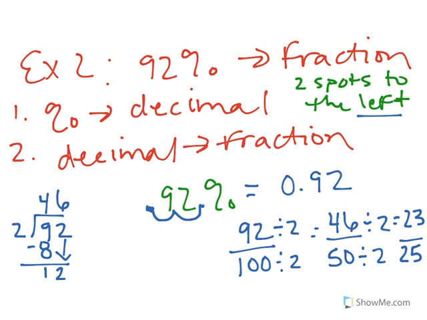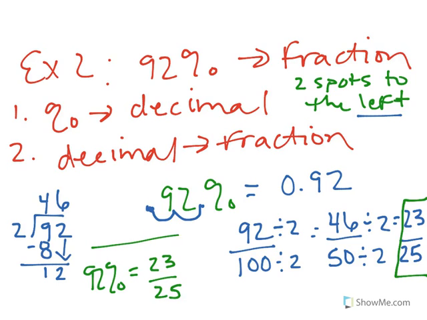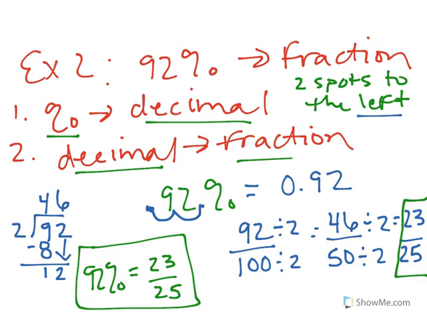Now from here I can say there are no other common factors besides 1 in both my numerator and my denominator, so this fraction is in simplest form. So I can now say that 92% is 23 over 25. And I am done. So if you notice, you first have to go from your percent to your decimal, and then you can go from your decimal to your fraction.